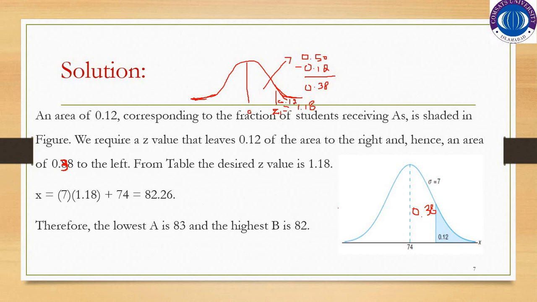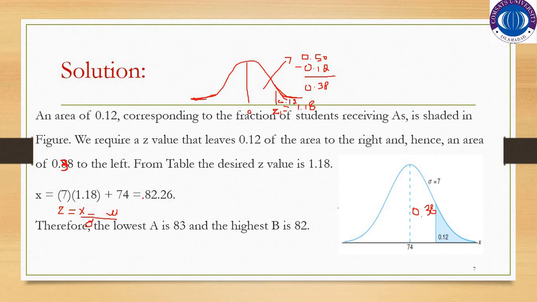So this is the way to find the value Z, and by substituting it in Z is equal to X minus mu over sigma, sigma would be 7, Z is 1.18, it would be positive because it is at the right side of the mean, plus 74 as the mean.